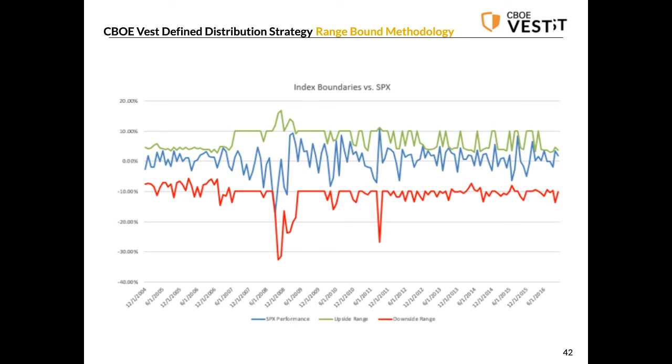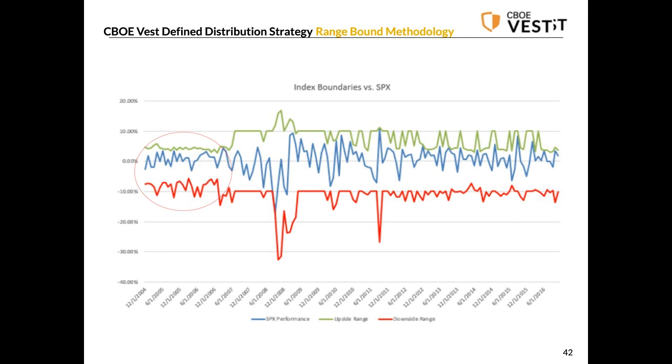But you can see here that the blue line, which is the S&P 500, has broadly stayed within the range that would generate the 60 basis points of income per month. More recently, because as we know, volatility has been very low this year in 2017, to generate that target income, the cap has come in closer, more around the 5% level on the calls.